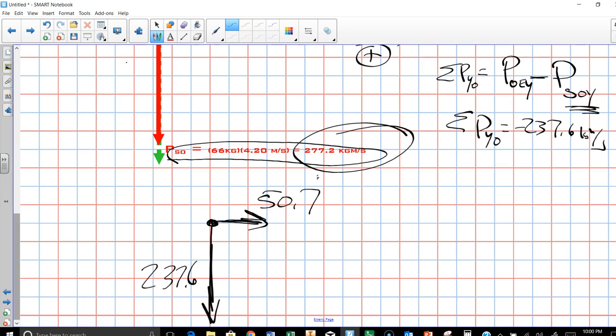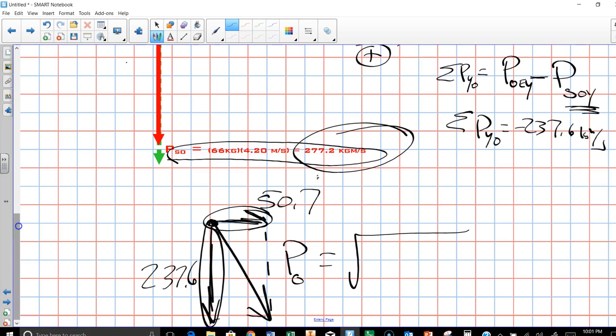Now it's very similar to the problem we were looking at a moment ago. We have an x component, a y component, and we need the overall. So the initial momentum overall is going to be the square root of the 50.7 squared plus the 237.6 squared. That will give me this.